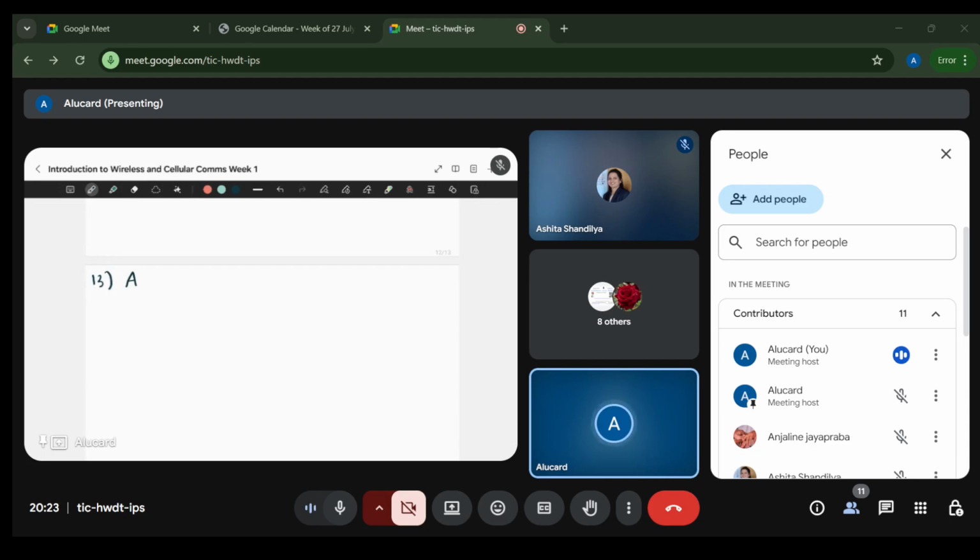This is the last numerical question of this week. A cellular phone has a 2000 mAh battery.